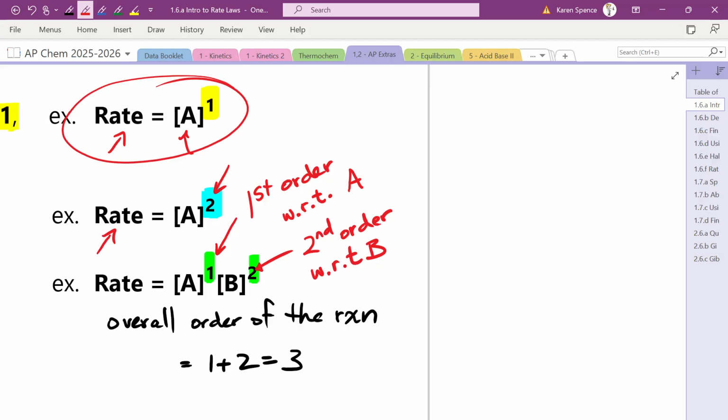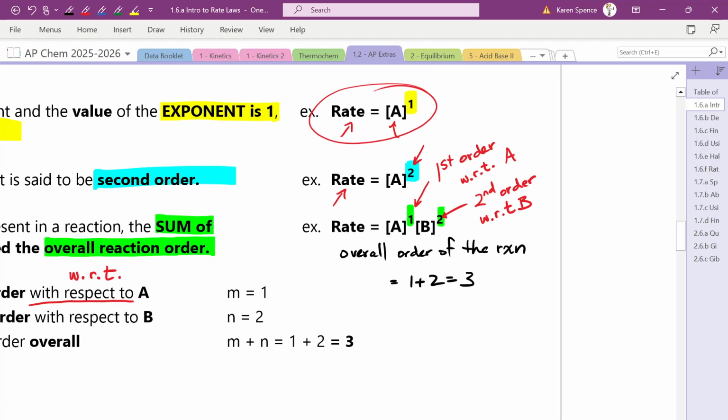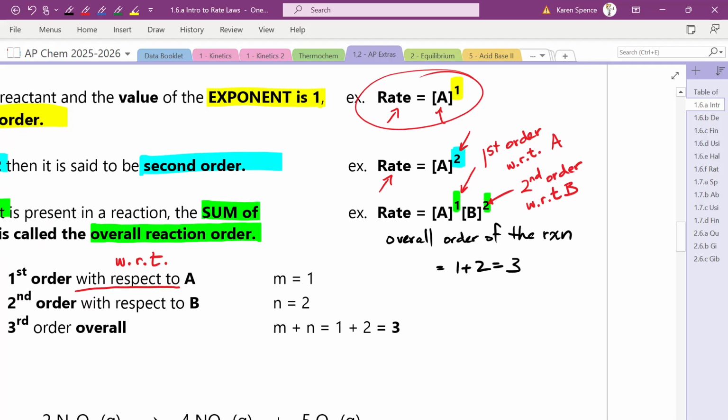If the concentration of A triples, then the rate is going to go 3 times 3 is 9. So it's going to be 9 times as high. Okay? So that's what the orders have to do with, what the shape of the graph is going to be. Is it going to be linear? Is it going to be a square? Is it going to be a cube? I don't know.